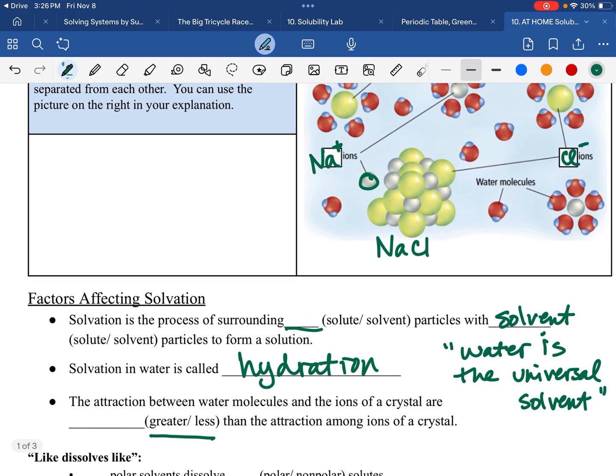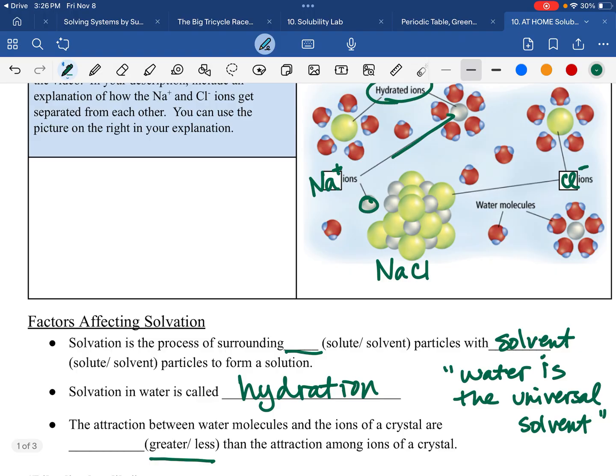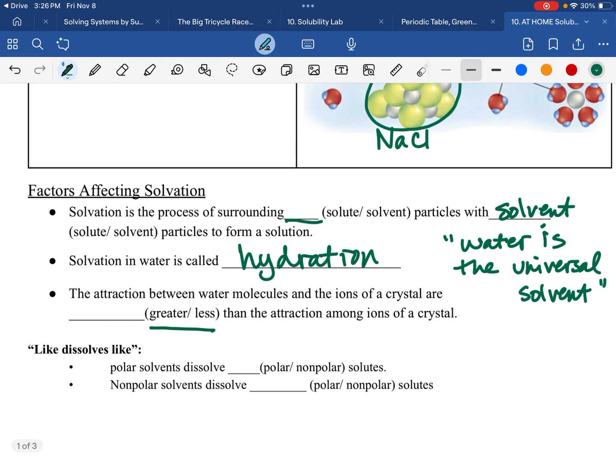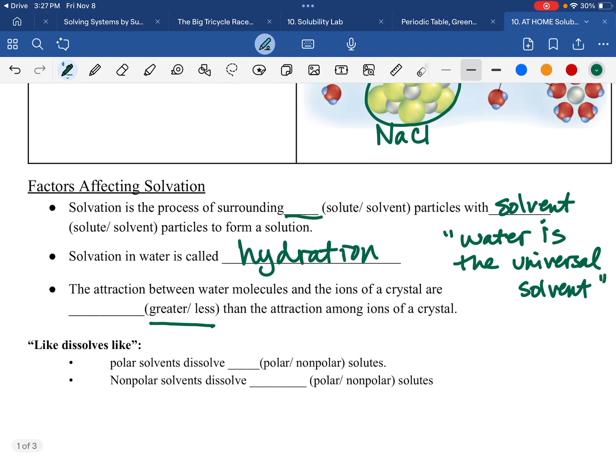When things get dissolved, is the attraction between the water and the ion greater or less than the attraction when it was just in a clump of salt? What has the greater attraction, the ions to each other or the ions to the water?